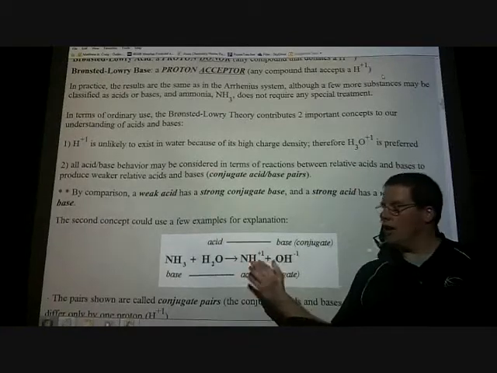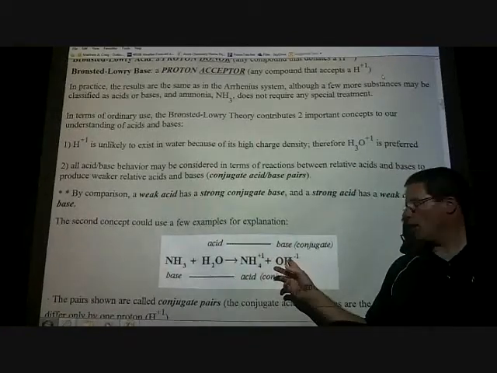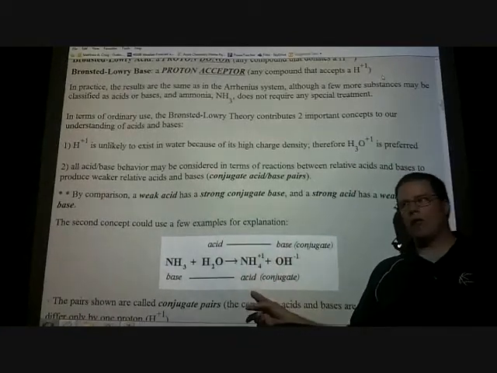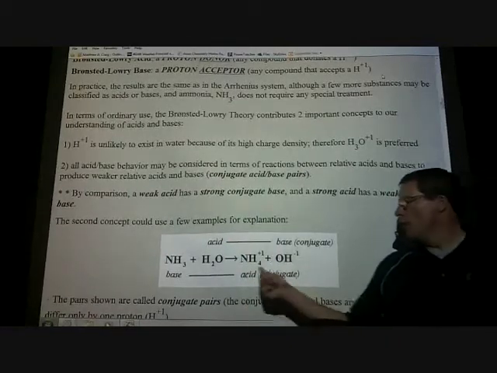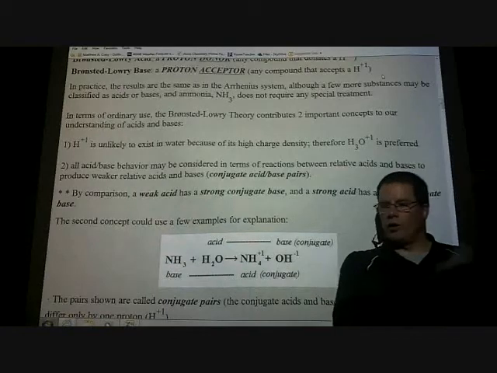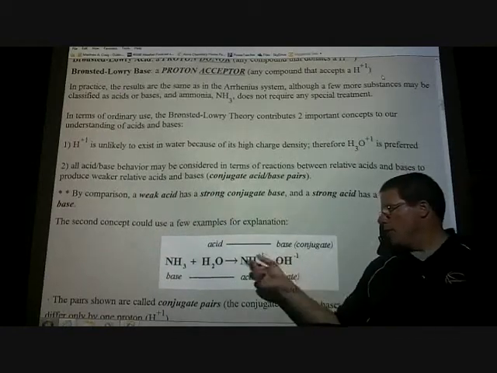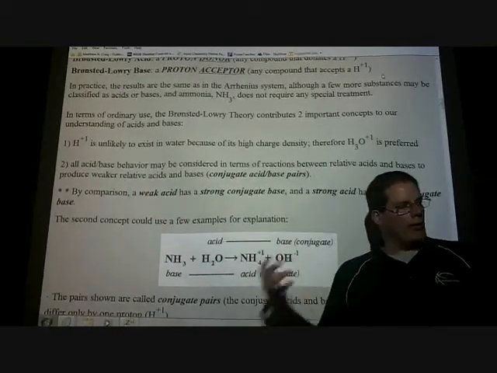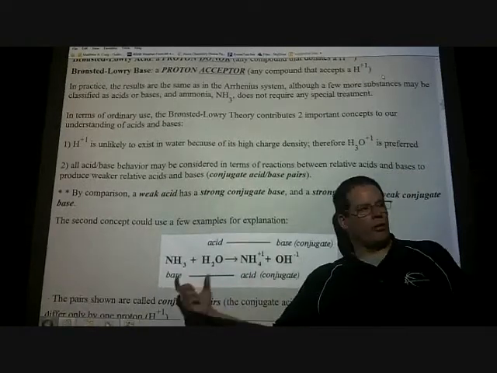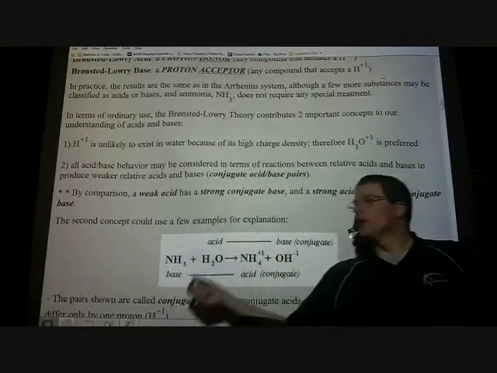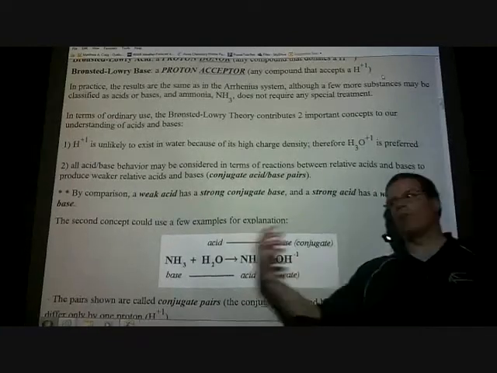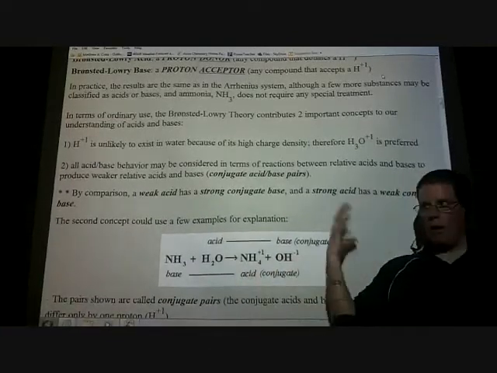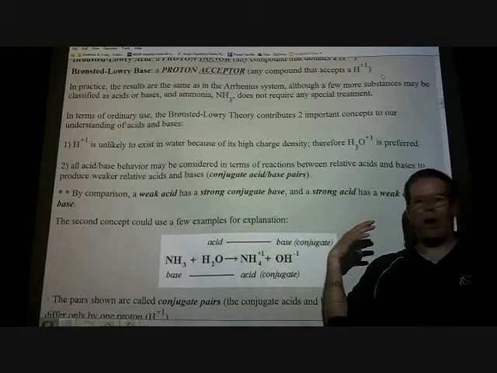Since the ammonium is on the product side, it was formed from the initial reaction. Since it's on the product side and it's donating hydrogen to the hydroxide, we can't just call it an acid, but we have to give it a secondary name, conjugate acid, which means that the conjugates are always on the product side. Now, these things can act like an acid or a base, but acids and bases are only on the reactant side. Conjugate acids and conjugate bases are only on the product side. So if I'm asking for a conjugate, I'm guaranteeing you that it's actually on the product side.